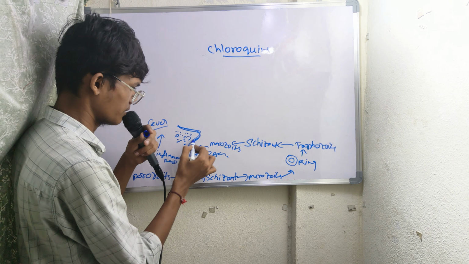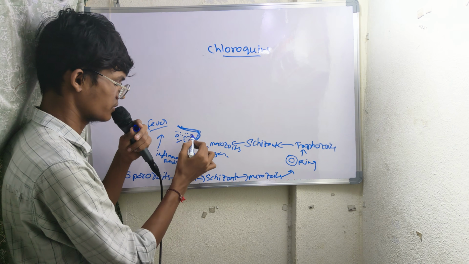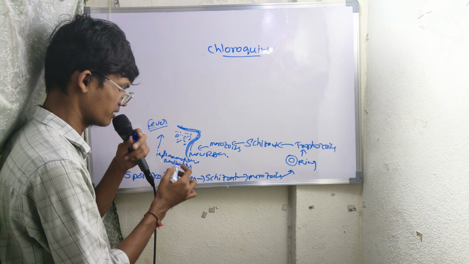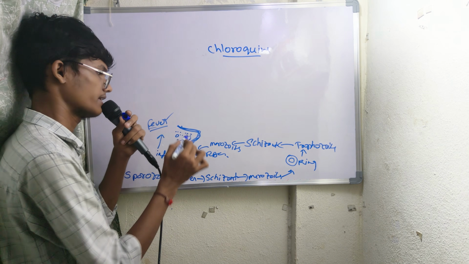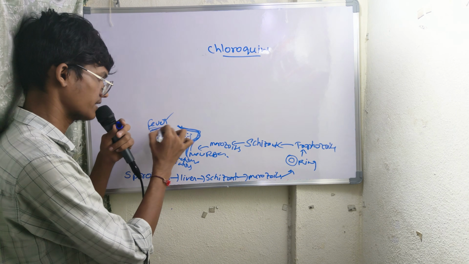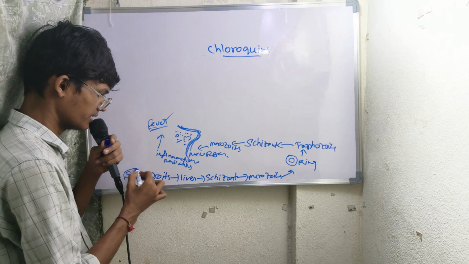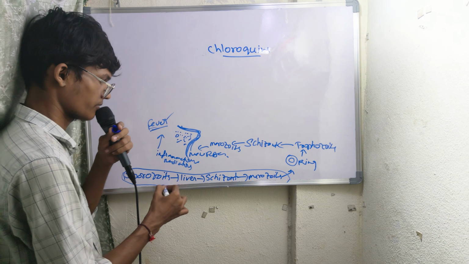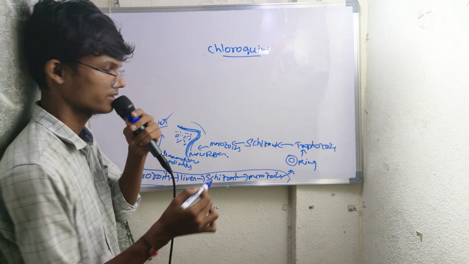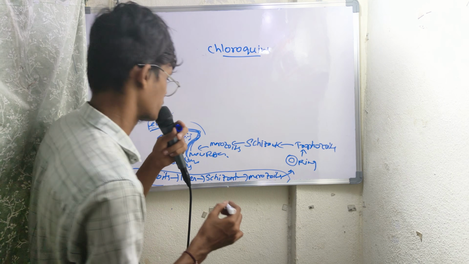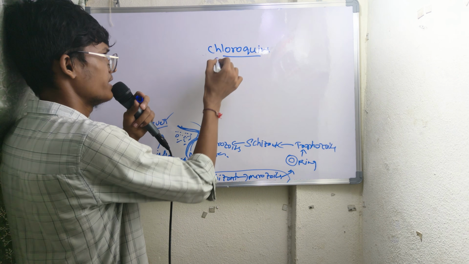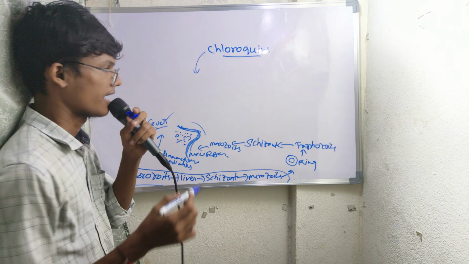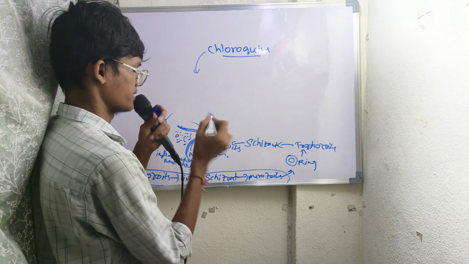Whenever the RBC is burst to release the merozoites, there will be release of inflammatory mediators also. Because of this only there is fever. Here see, in the sporozoites to liver, schizont and merozoite stages there are no symptoms. Only from here, whenever the burst happens, we will have the symptoms. So we are using chloroquine in this RBC erythrocytic stage.